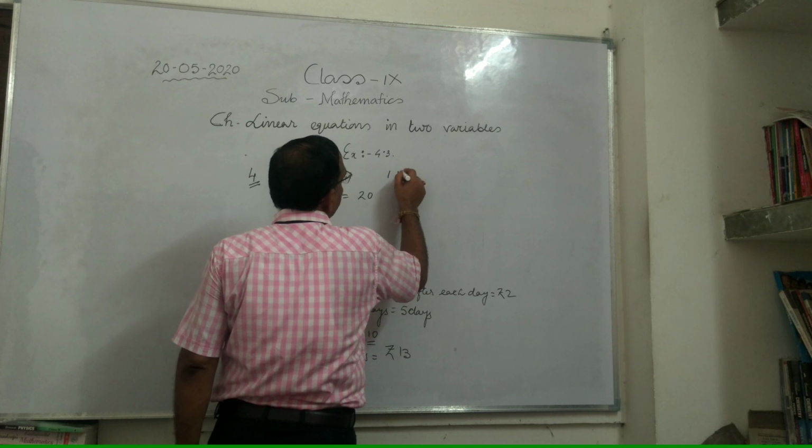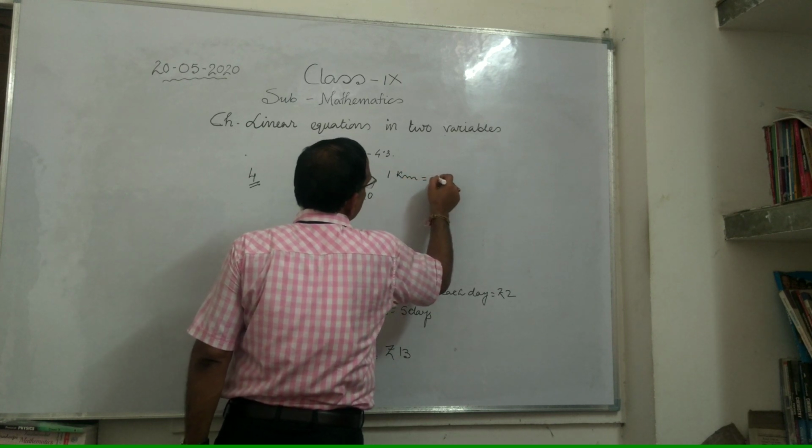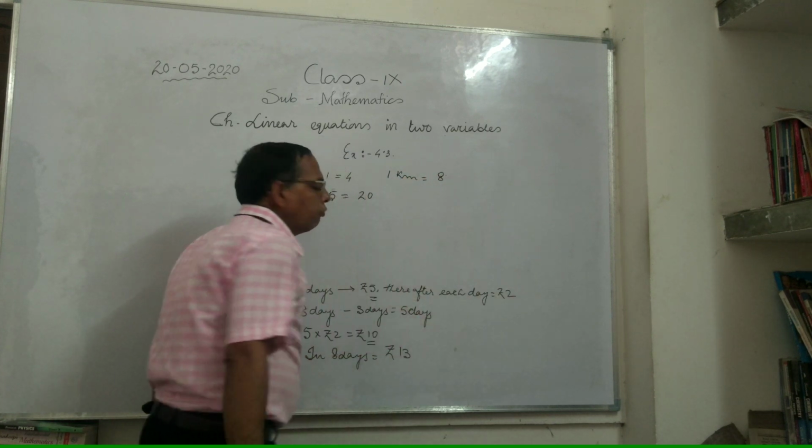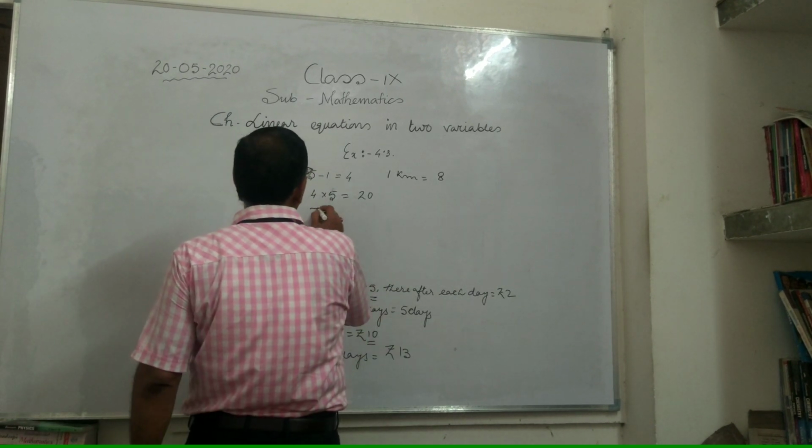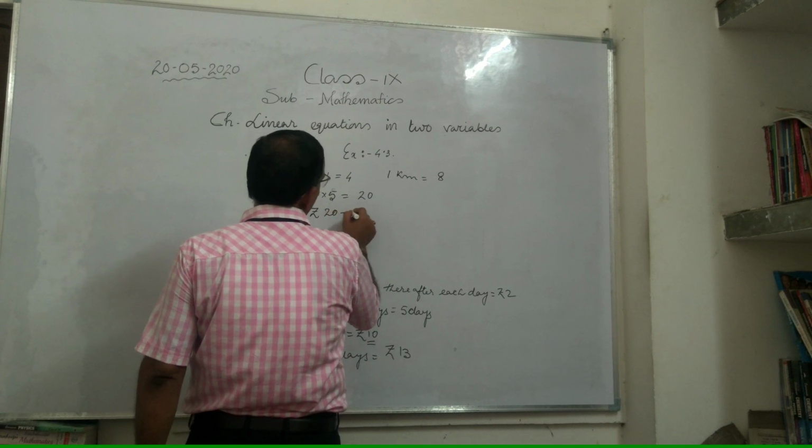And for 1 kilometer, it is 8. So finally, how much do you have to pay for 5 km? 20 plus 8.